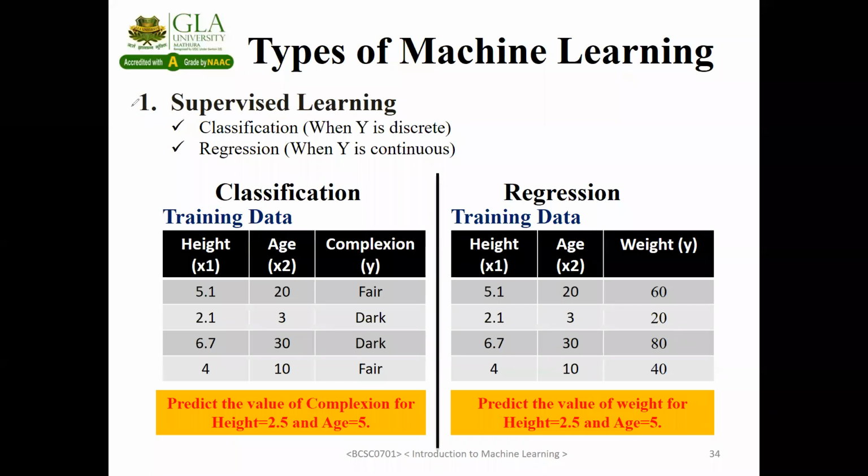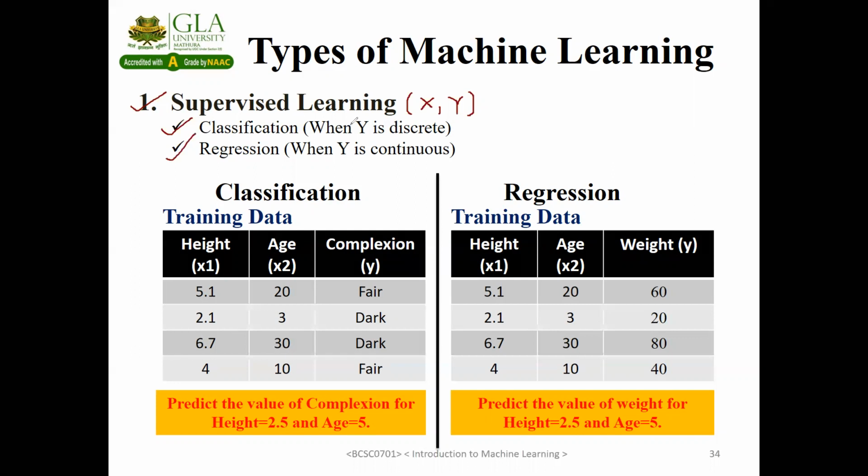Supervised machine learning is where we have both the variables associated with the algorithm. That is, we have the feature X as well as its associated target feature Y. Then the machine learning algorithm is called a supervised machine learning algorithm. This supervised machine learning algorithm could be of two types, either classification or regression, right?